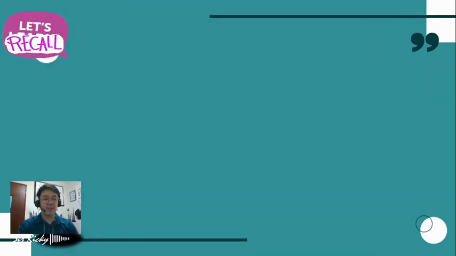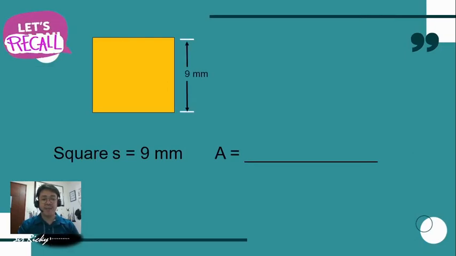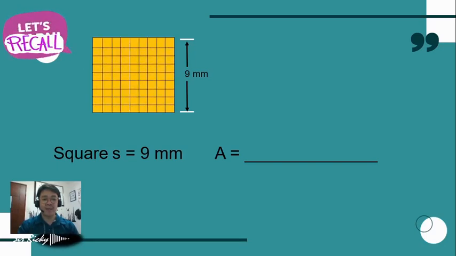How about this one? What is the area of a square having 9 millimeters each side? We all know that a square is a polygon having 4 equal sides. So we can just divide each side by 9, then 9. If we count the total number of square units inside this square, we will have 81 square millimeters.